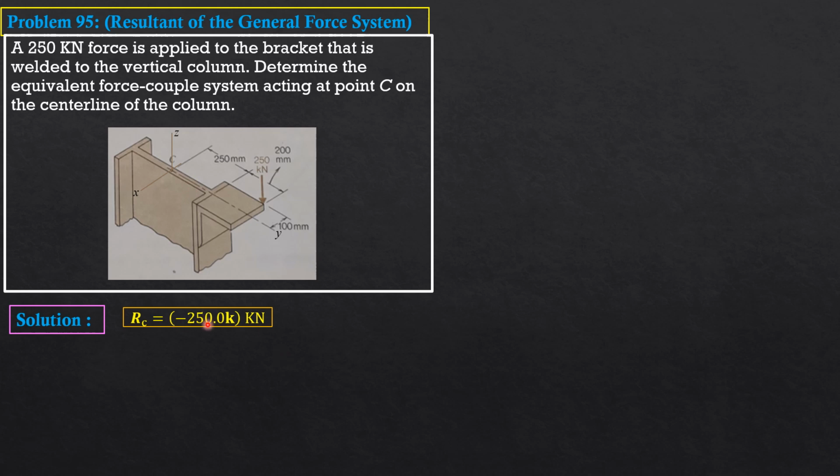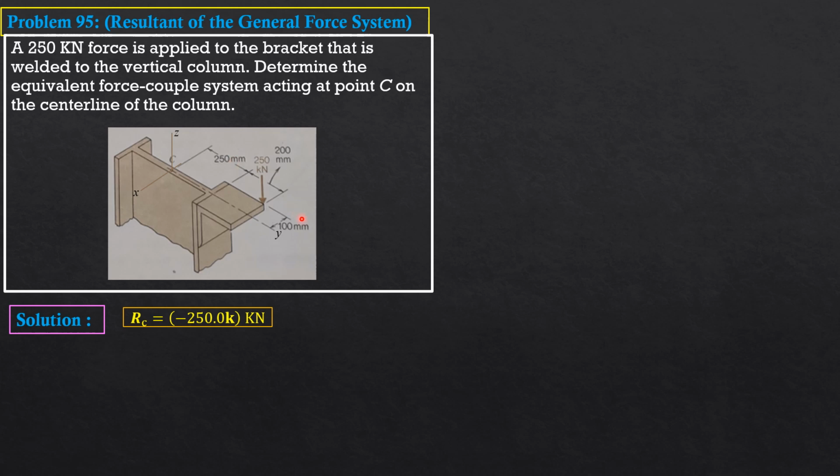But that is not yet the complete answer. It should be provided with a couple. So summation of moments about X, MCX, that's the positive sense, but the moment of the 250 kilonewton force is in the opposite sense. It is negative 250 times the moment arm, which is 0.45 meter or 450 mm.